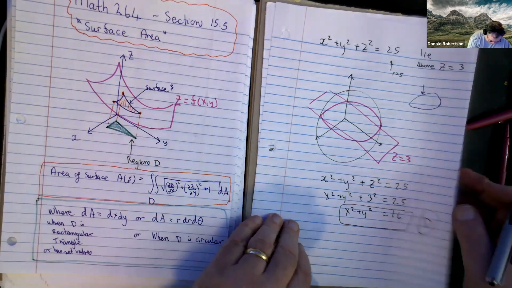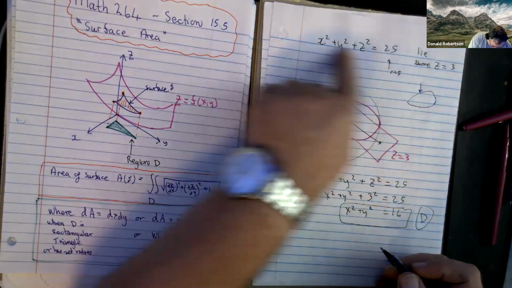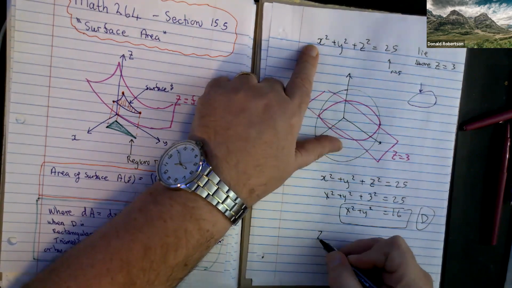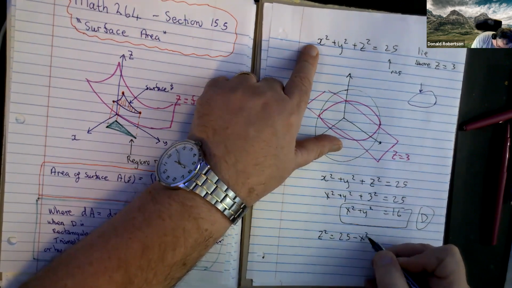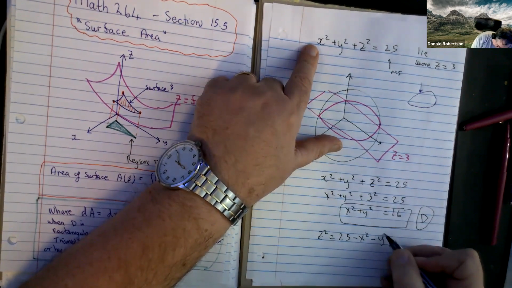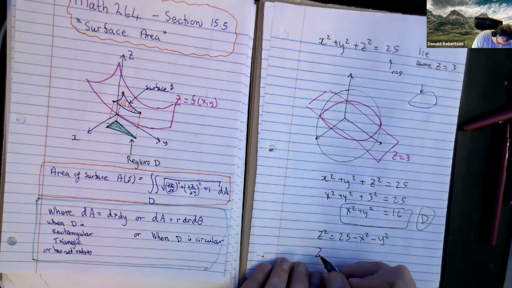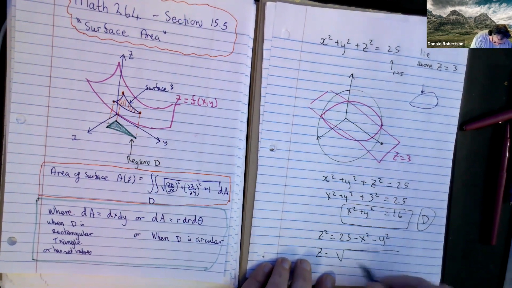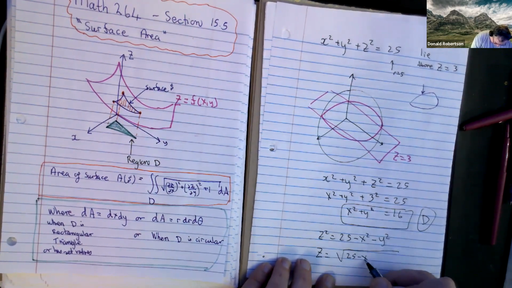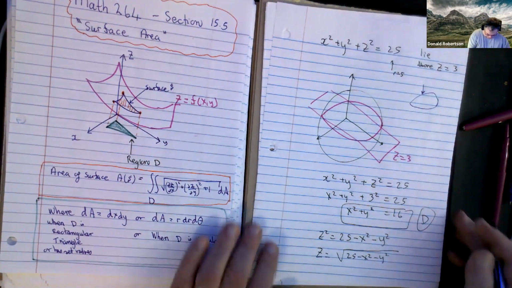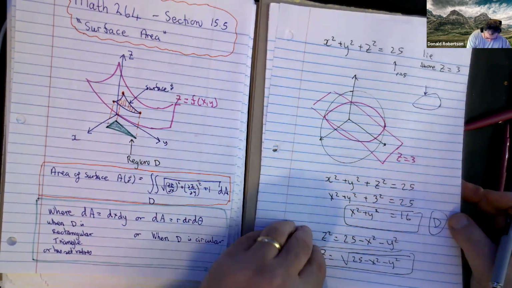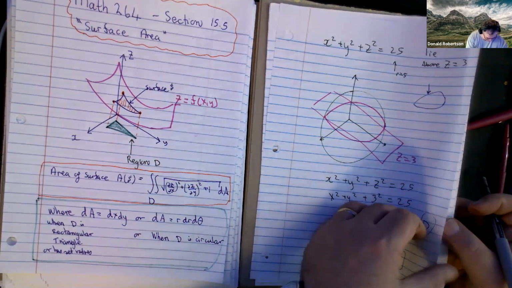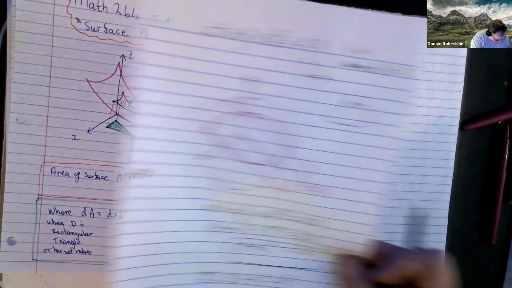Now, what's the equation going to be? Well, the surface is still this guy. So it's going to be z squared is 25 take away x squared, take away y squared, and that makes z this ugly square root. And so I have everything that I need to set up the surface integral.